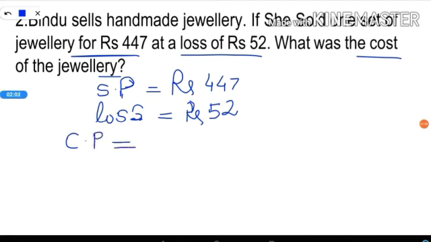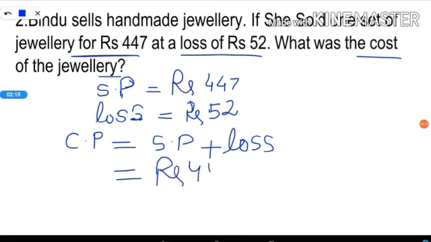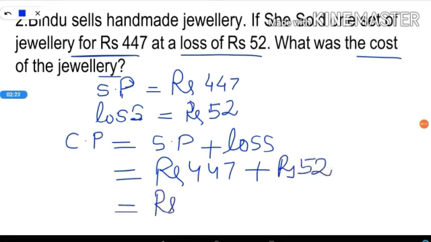Formula for cost price is equal to selling price plus loss. Substitute the given values, that is 447 rupees plus 52 rupees. Add up the numbers. 499 rupees is the cost price.